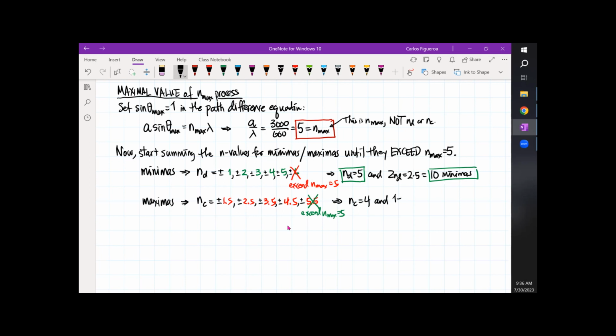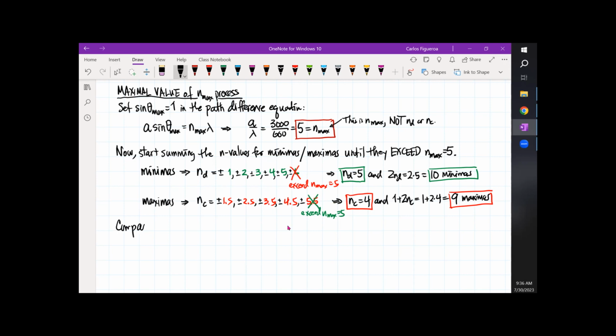And then we have 1 plus 2Nc, which will be 1 plus 2 times 4, which gives us 9 maximas. So I get the exact same values as before, but this is way more efficient. So this is the way I'm going to do it here.